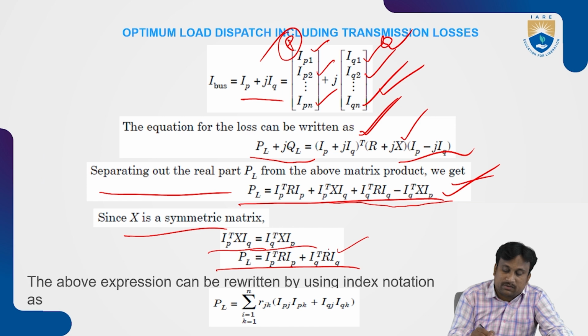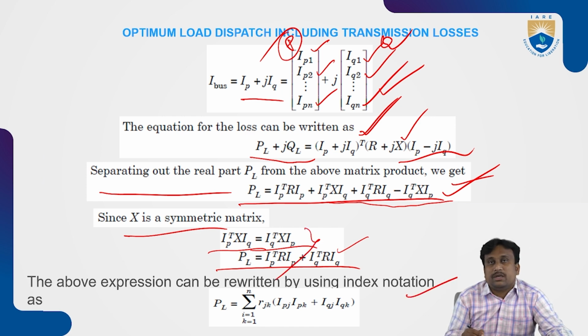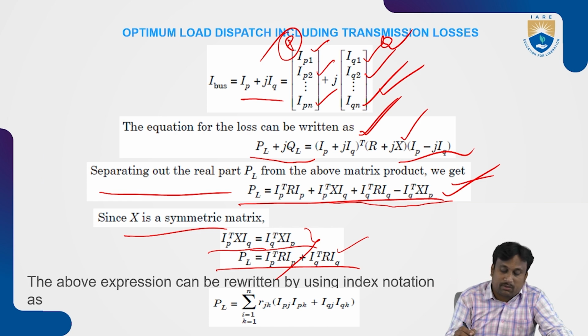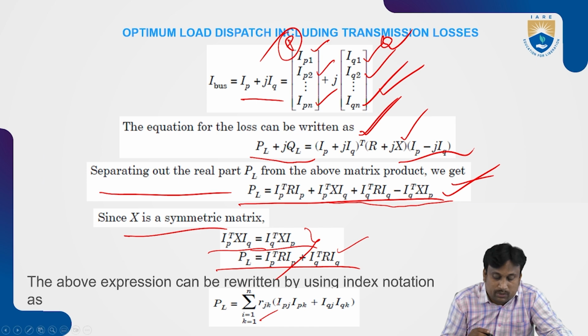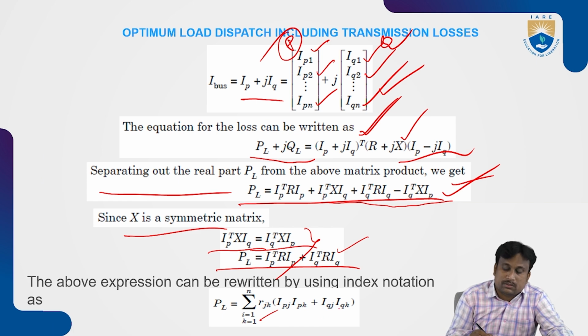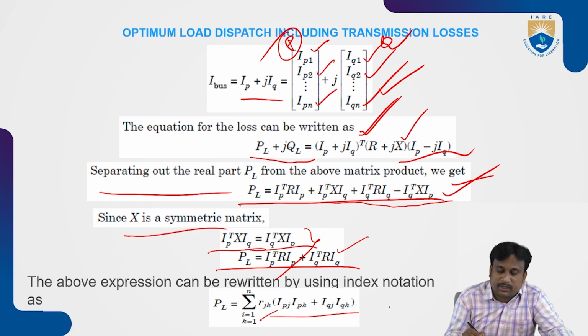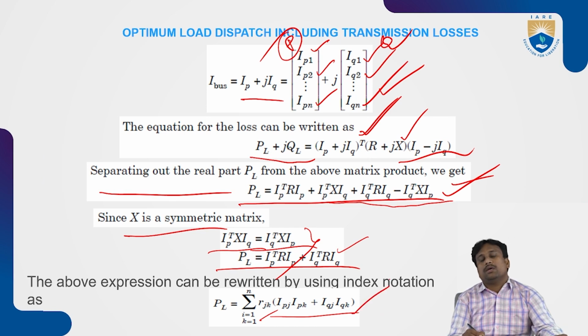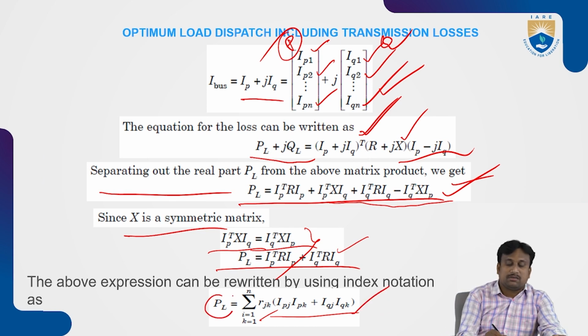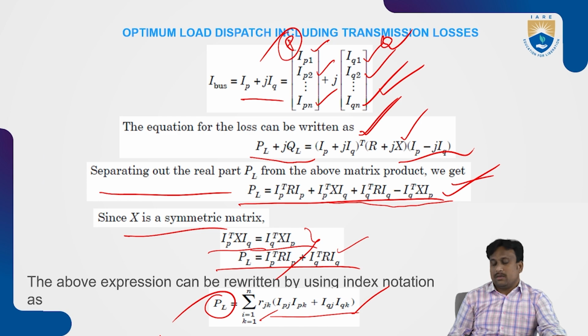The above expression can be rewritten using index notation: PL equals the summation over J equals 1 to N, K equals 1 to N, of RJK (IPJ IPK plus IQJ IQK). Like that we will represent this combination as PL.